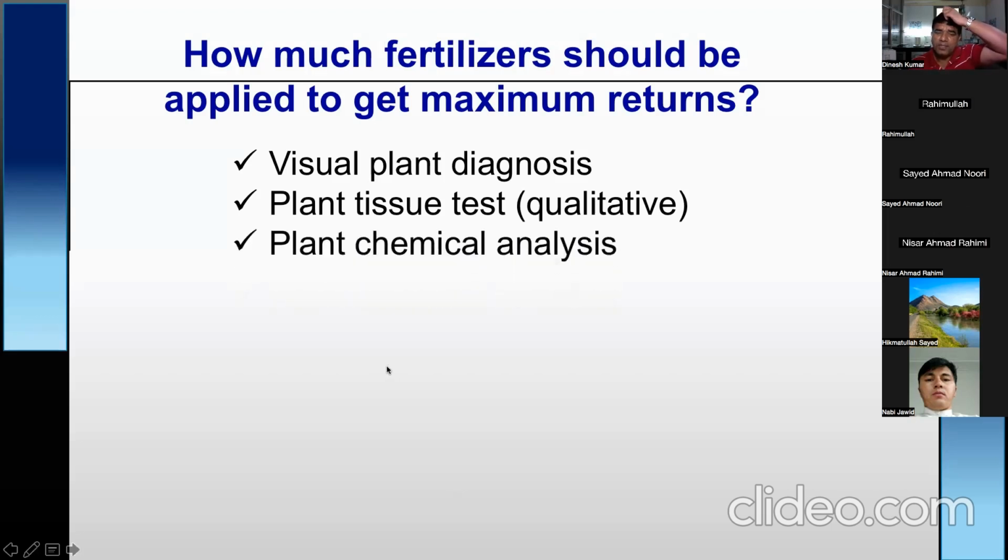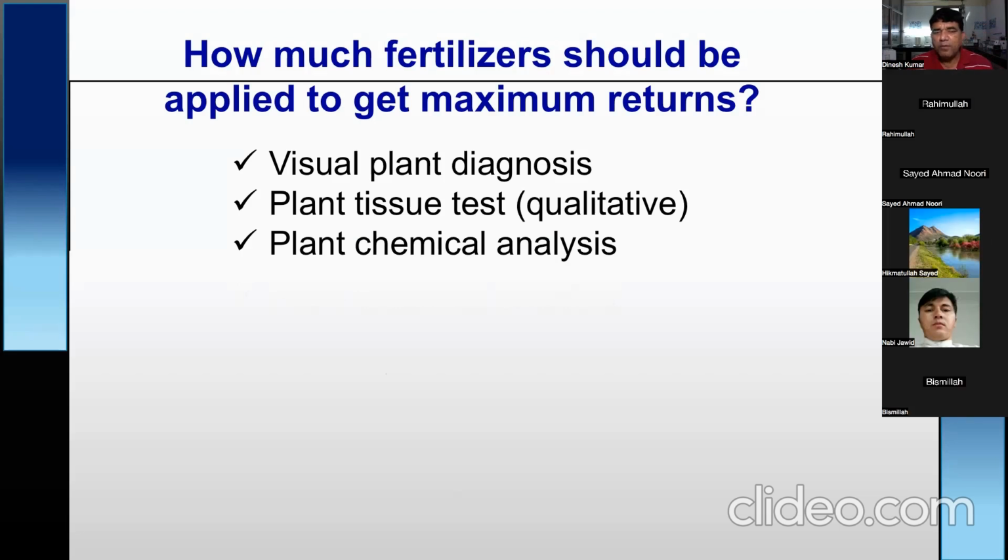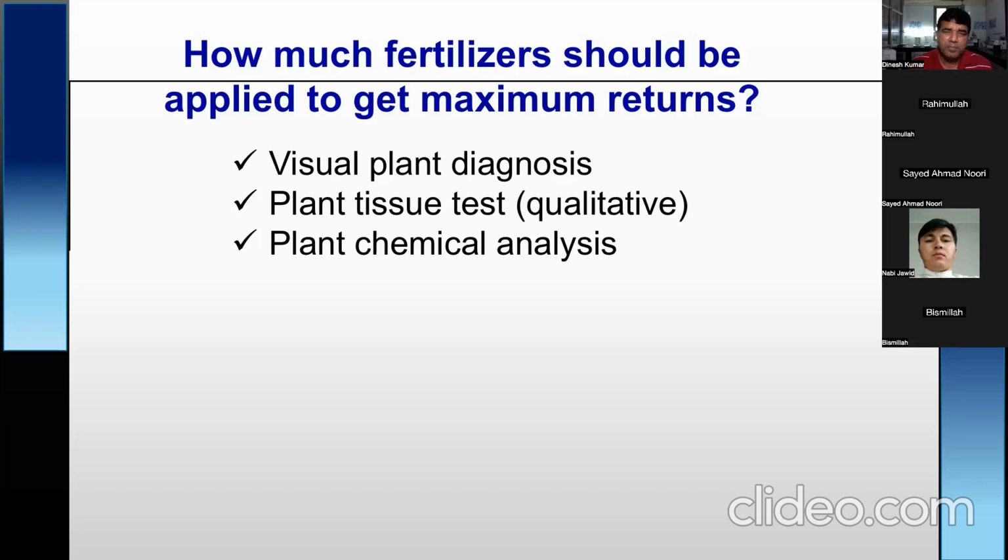Next option is plant chemical analysis. This is quantitative analysis. Quantitative analysis means we can take the plant samples and analyze the concentration of nutrients in them. And then we can match this plant chemical analysis with the critical concentration of the nutrients.